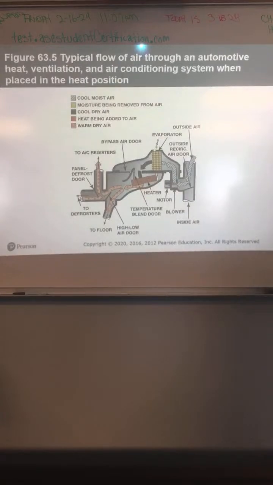Anybody know? Because you're releasing the pressure and it decompresses. Yeah, basically, the easiest description of that is a rapid decompression.